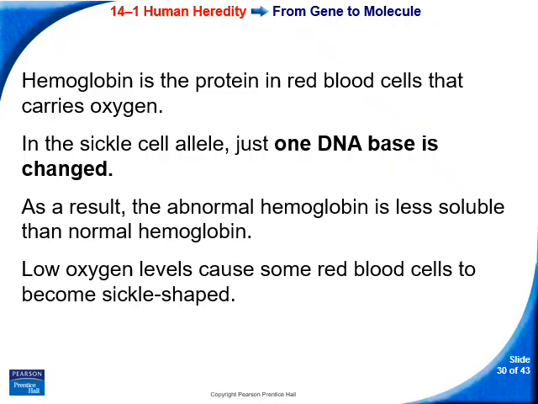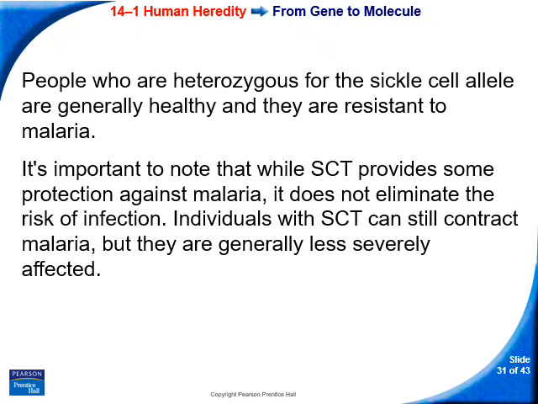So the only thing you could do for a person who is expressing the phenotype of sickle cell anemia is to give him a blood transfusion every 3 months. That's all, because he is not producing any good red blood cells. People who are heterozygous for the sickle cell are generally healthy.